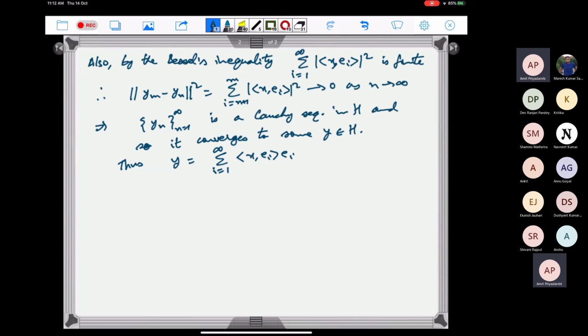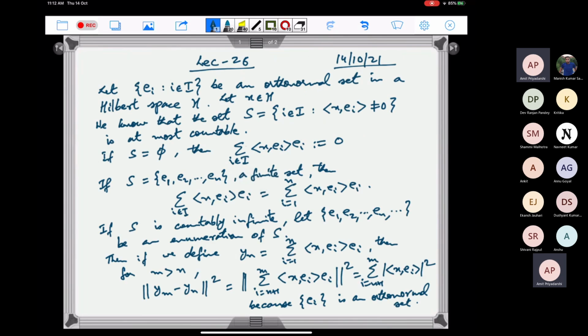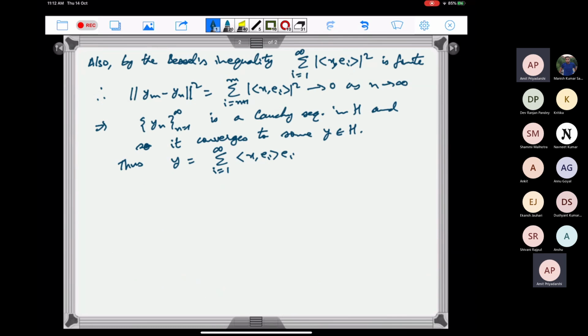Notice that this thing depends on the ordering of this set S. If instead of e_1, e_2, ..., e_n, we take some other ordering, then we may get a different vector y. Whatever ordering we take, this sum will converge to some vector, but it may be different. So what we would like to prove is that this is independent of the ordering.